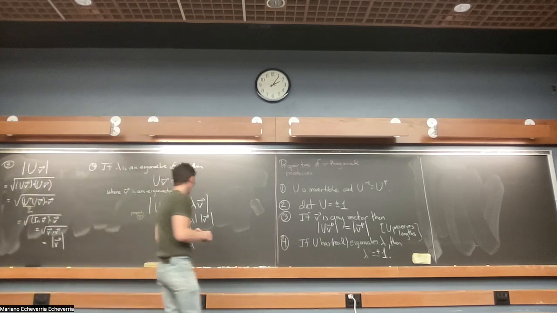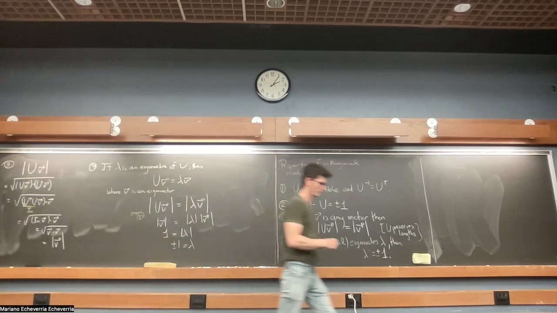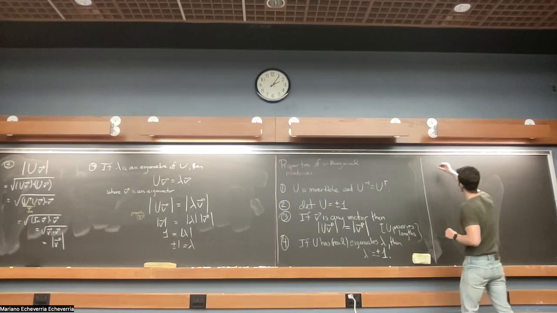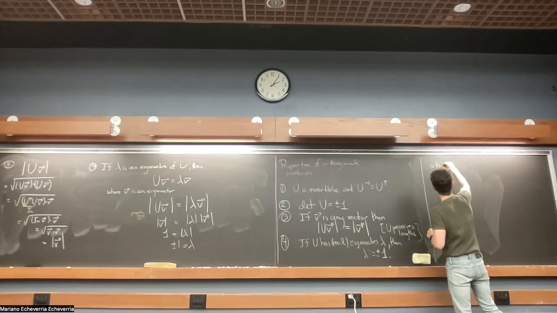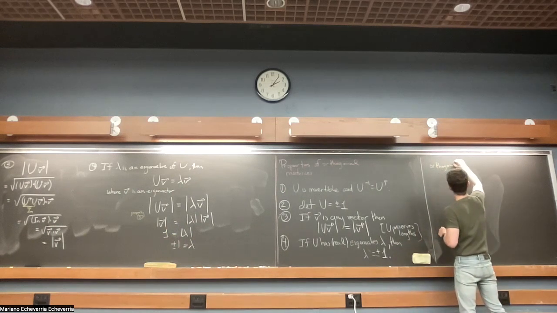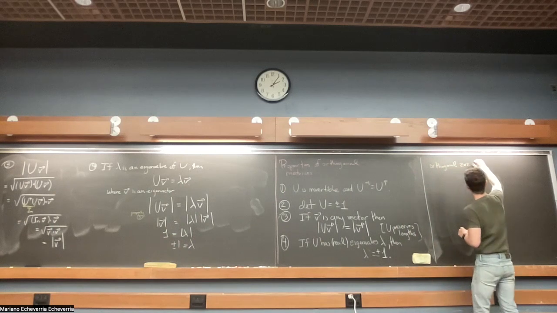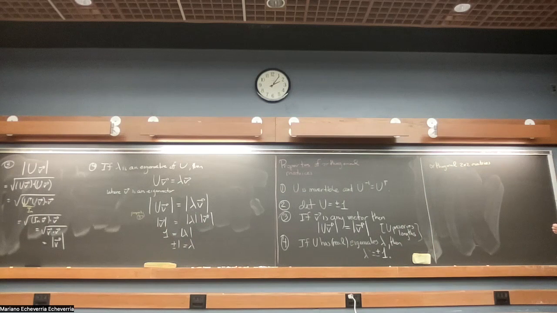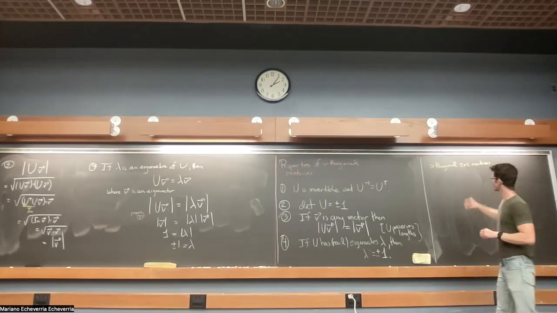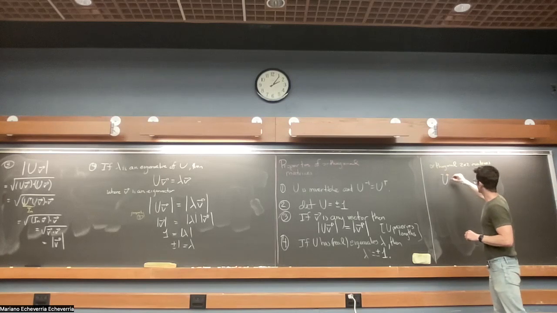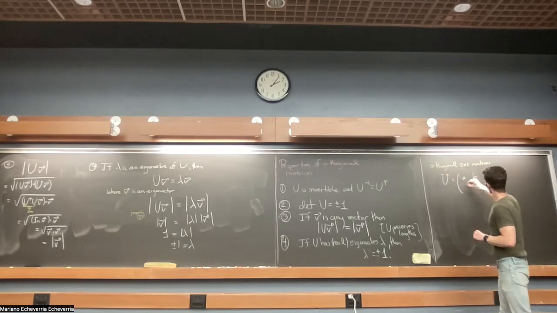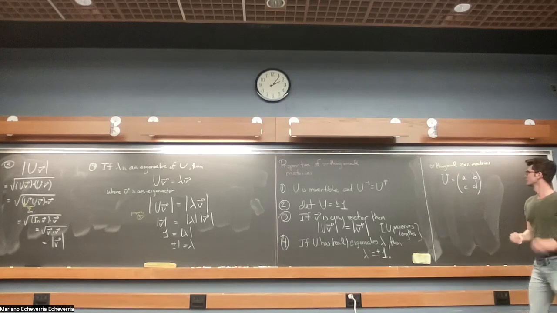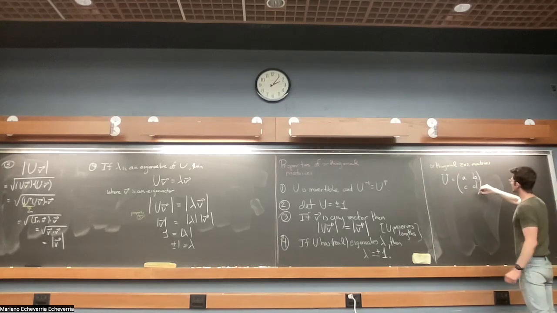So U is going to be a 2 by 2 matrix which is orthogonal.